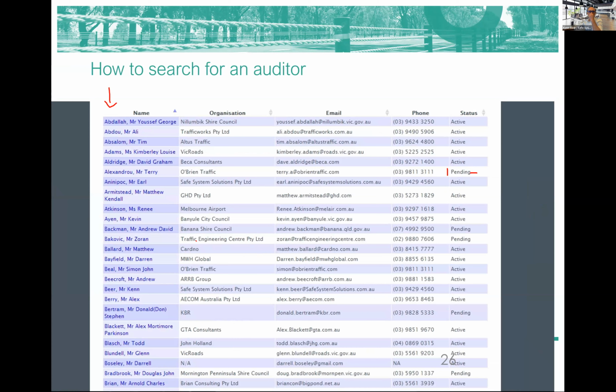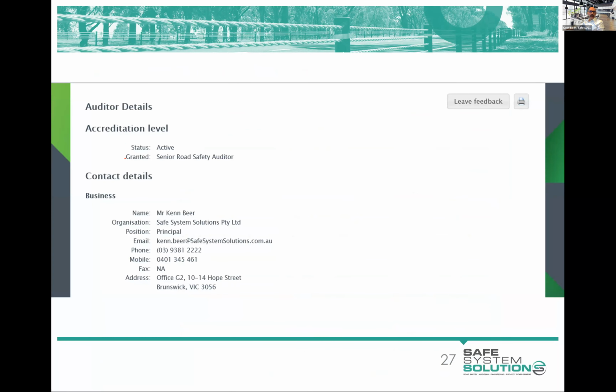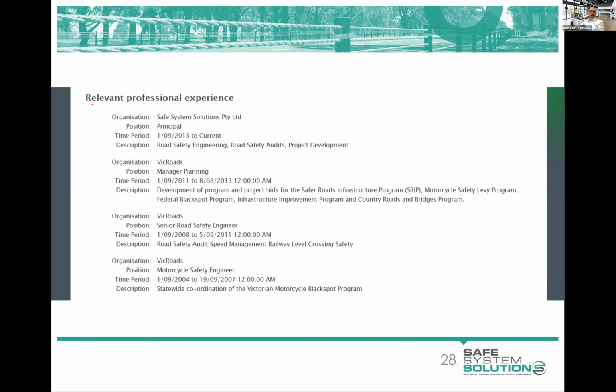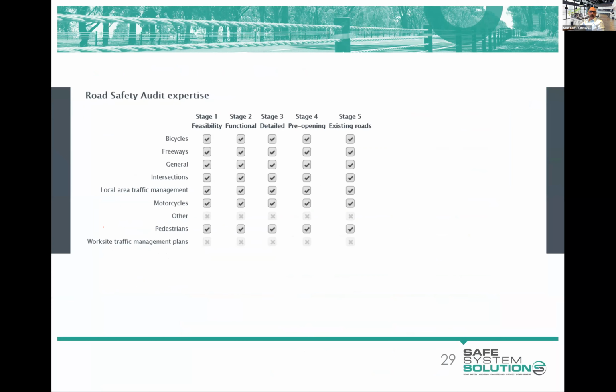So if we go in here and click on me, hang on, where am I? No, I'm down here. There I am. Click on my name, then you'd see active, senior road safety auditor, some contact details. If you want to hide all of this, you can. Some professional experience, the expertise. Now, I've done a lot of audits in my time, so I've got most of them ticked.